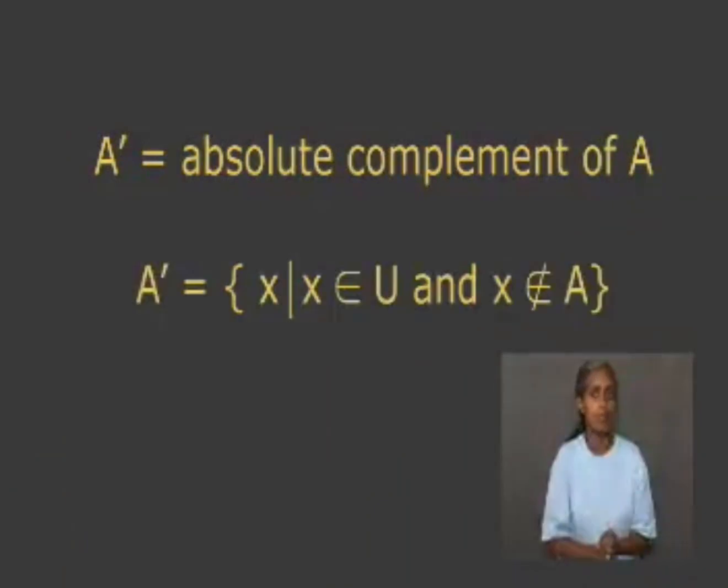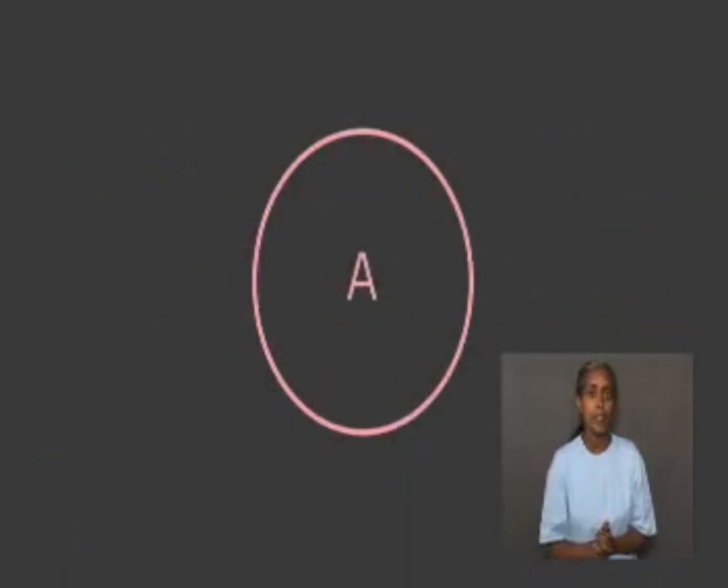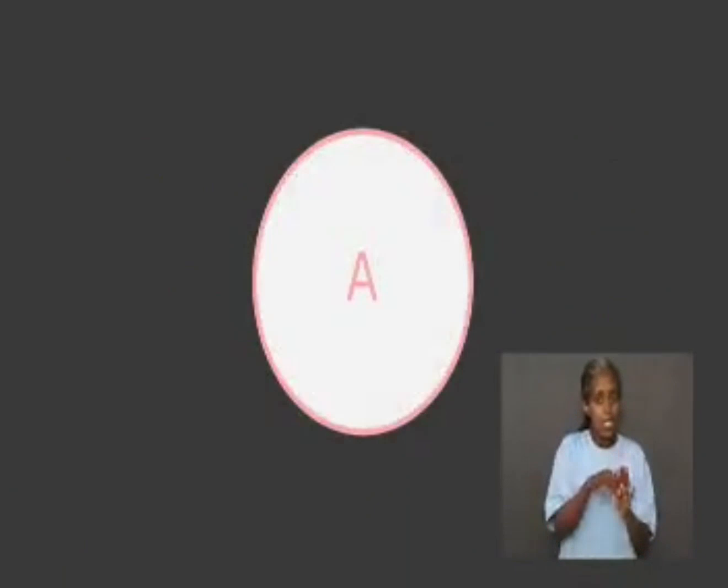A complement is the set containing X, where X is an element of the universal set, but not an element of A. Using a Venn diagram, we can represent A complement by the shaded region as shown here.